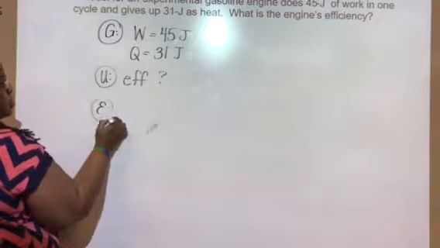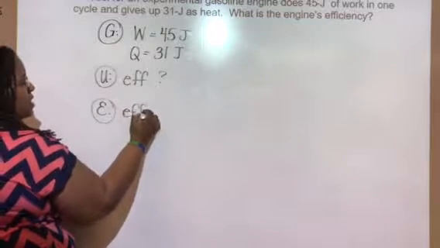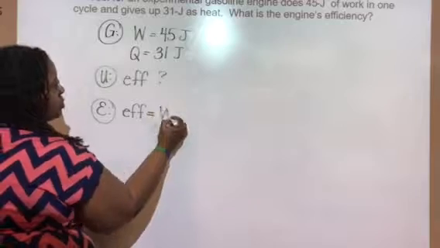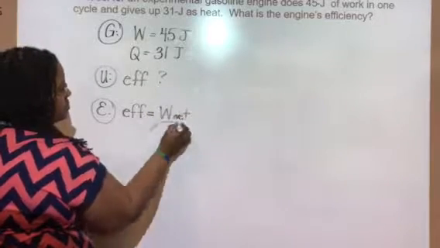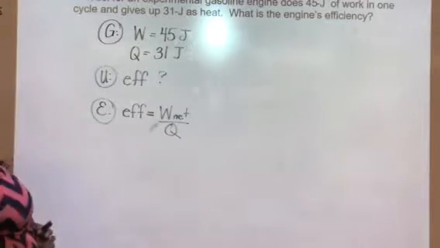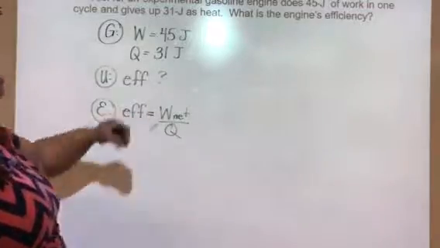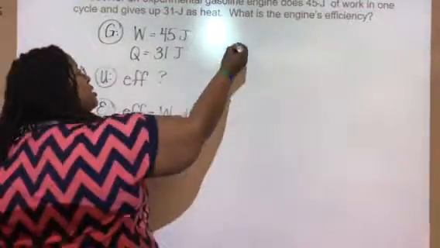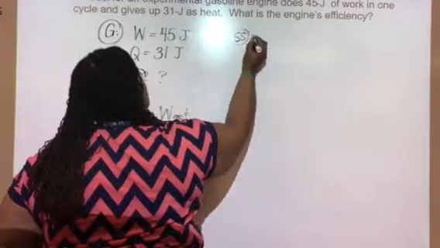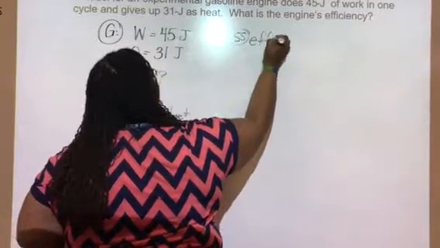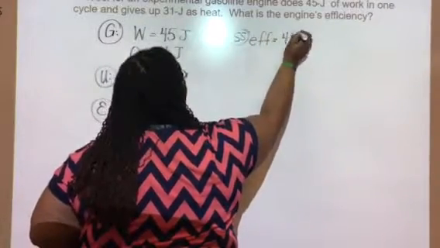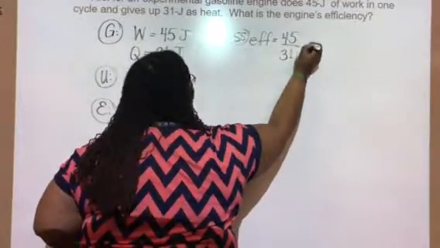Now, the equation was straightforward. Efficiency is equal to the net work that's done divided by Q. All right? Both of my units are already in joules, so we're looking good. No substitution is needed. So efficiency will be equal to 45 divided by 31.